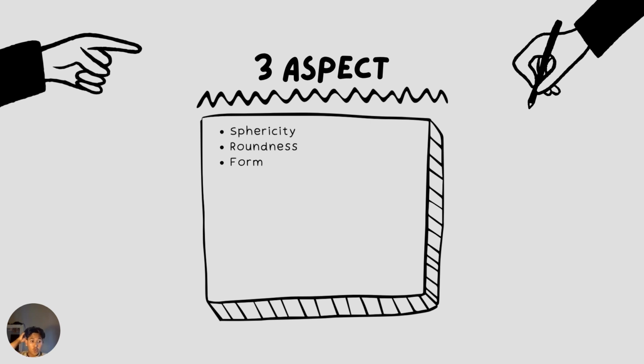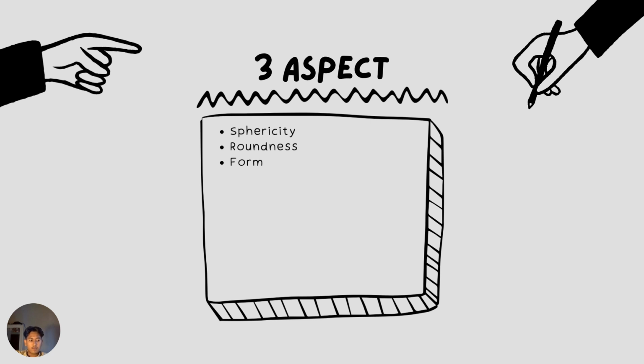As geologists, we usually use the Powers roundness scale for this, which ranges from very angular to very round, sorry, to well rounded.